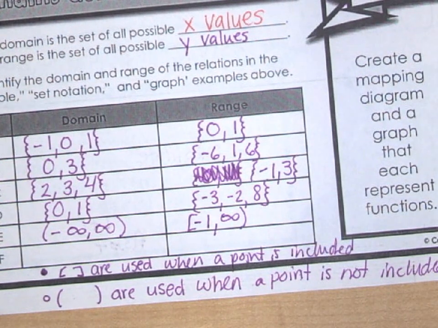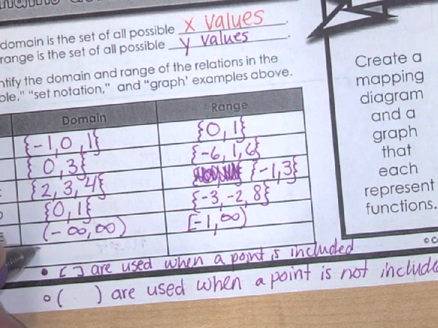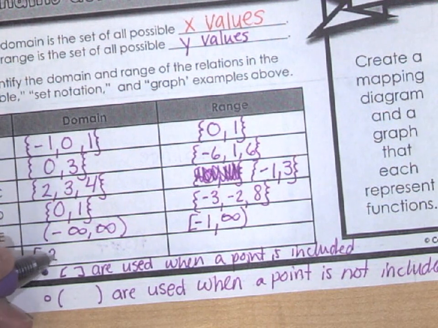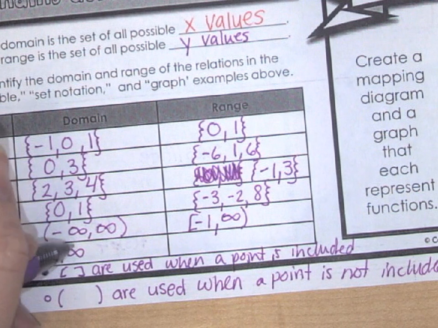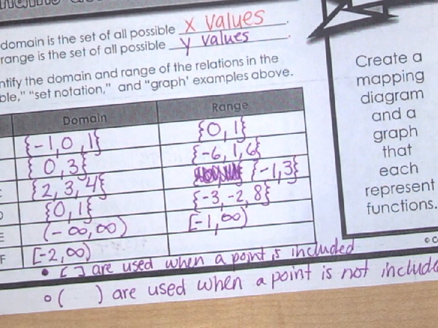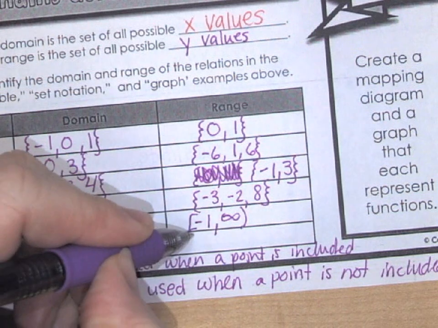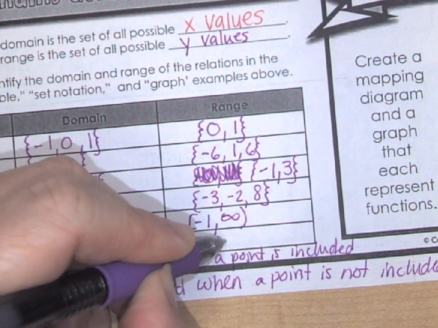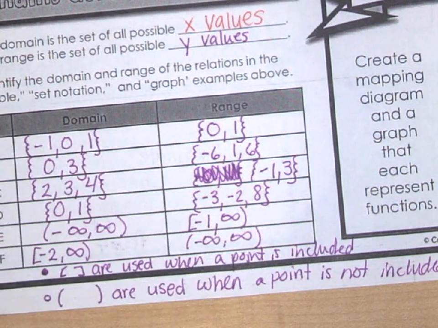Okay. Now for F, it's different. For F, our domain has an ending point, and that ending point is at -2. So here we know we have -2, but then the arrows tell us it's going to continue forever in the opposite direction. Our range values do not have a minimum or a maximum, so those are going to both continue.